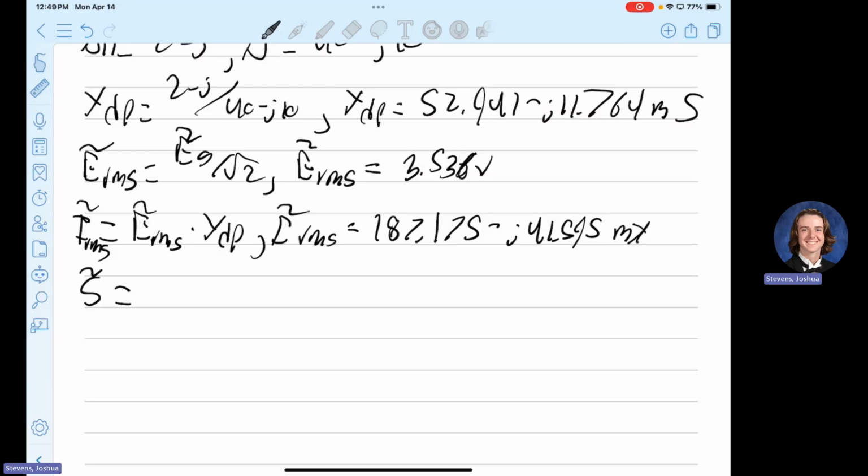Okay. Well, we kind of said it earlier. How do we find complex power? What do we take the conjugate of? I agree, but only one thing needs to be conjugated, right?